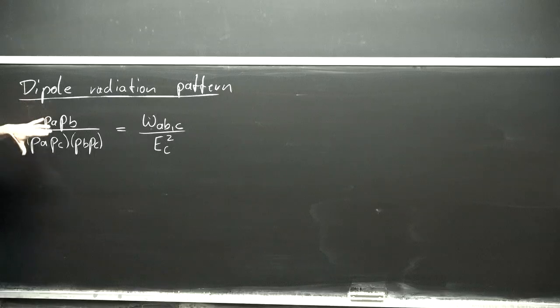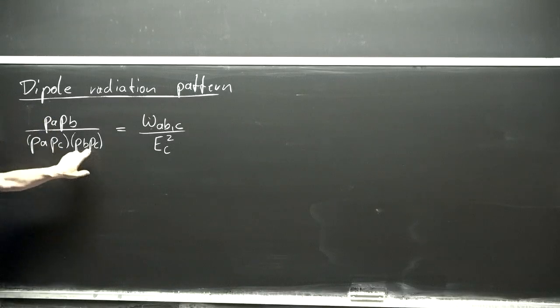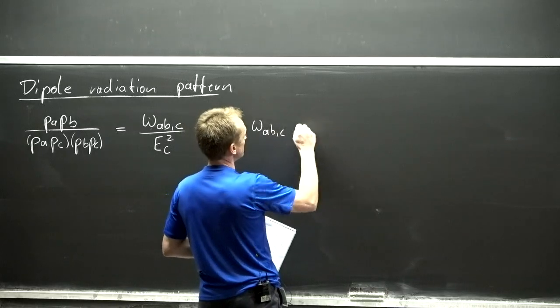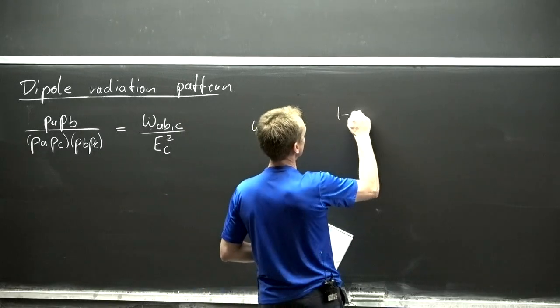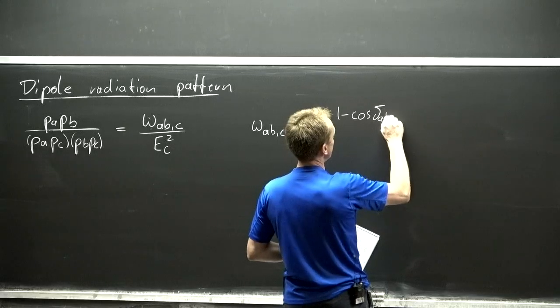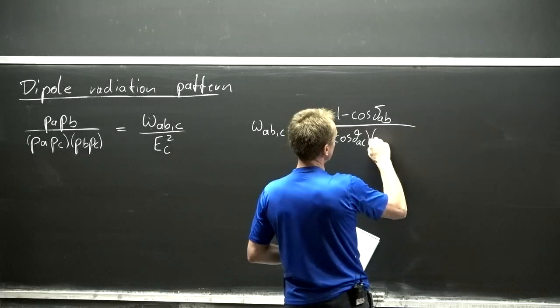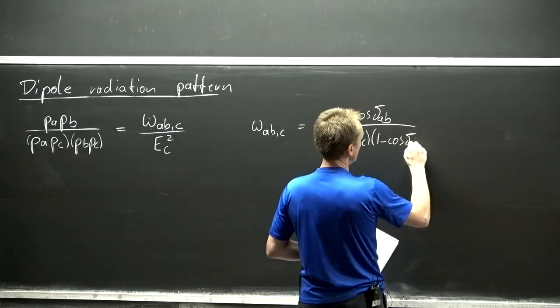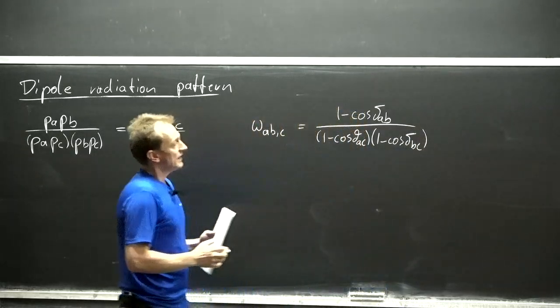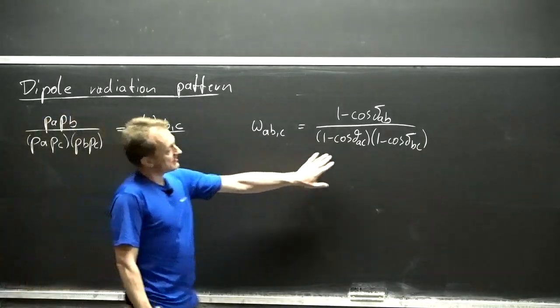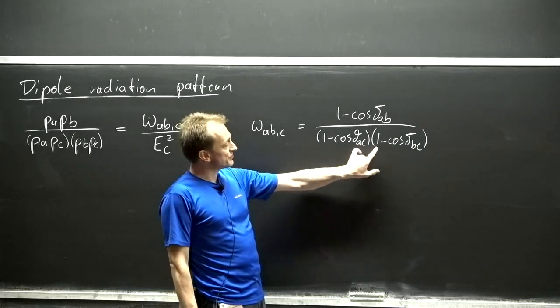So I said yesterday that nothing depends on the magnitude of the momenta A and B because they appear upstairs and downstairs in the same way, right? So in this thing, I can pull out the energy of C, and then what I have left over is this W_ABC, which is 1 minus cos of the angle between A and B over 1 minus cos of the angle between A and C, 1 minus cos of the angle between B and C. And what's inconvenient about this function is that it entangles two different collinear limits.